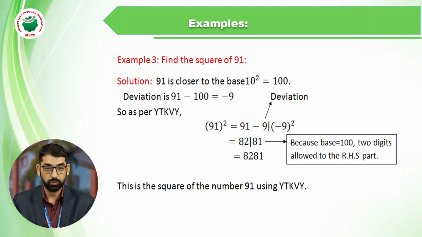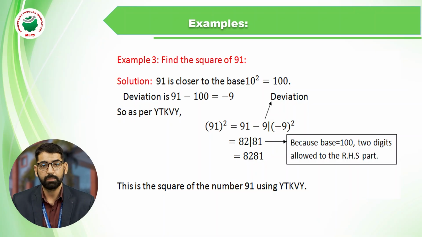Only one thing here students need to remember is that when we take the deficit number or the number lower than the base, we should not bother about anything. We have to use the same formula, only we will get a minus sign in place of plus sign. That is the only difference.